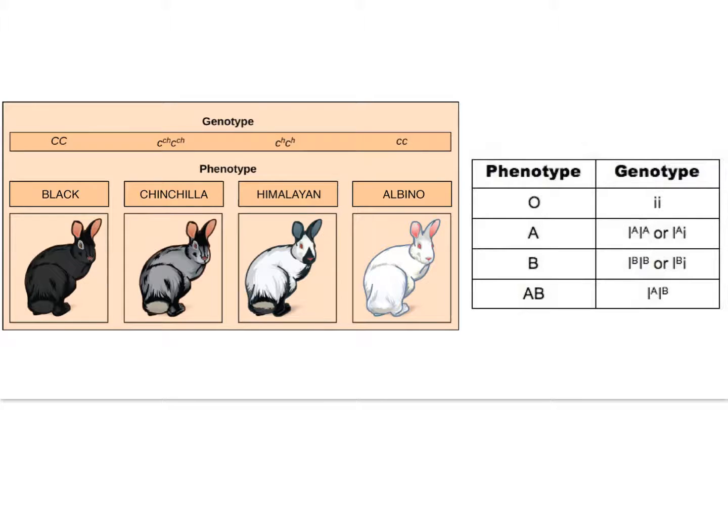So if you look at these real quick, we have blood type over here. We have genotypes right here, and we have the phenotypes, which, if you notice, has 4 different types. We can have a combo of I's with capital letters with an A or a B, and we can also have lowercase i's over here.